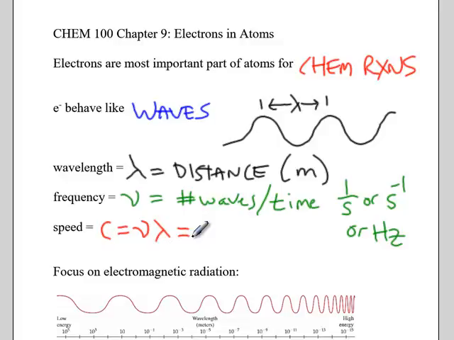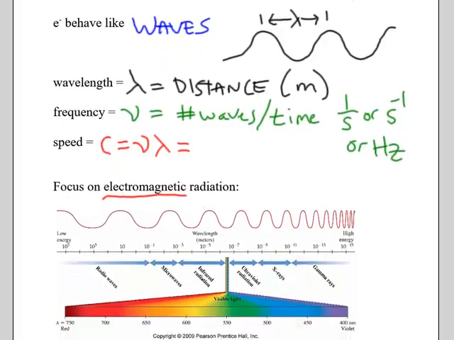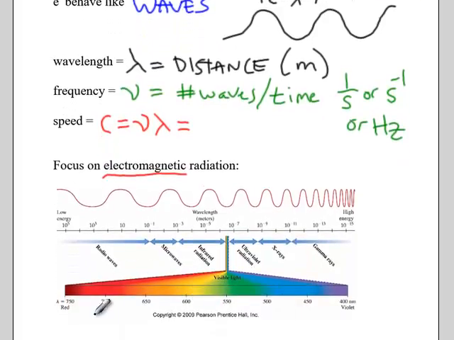The waves that we're talking about in Chapter 9 are called electromagnetic radiation, which is things like red light, blue light, also infrared radiation, X-rays, radio waves. All of those are electromagnetic radiation, and the speed c is a constant for electromagnetic radiation. It's very fast, 3 × 10⁸ meters per second.